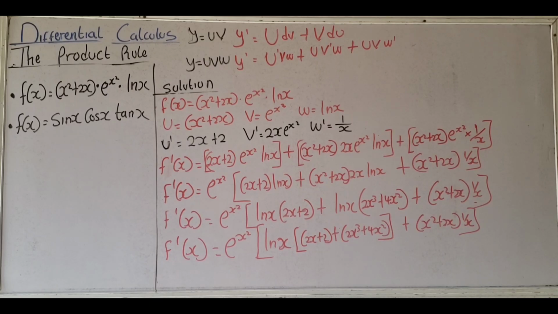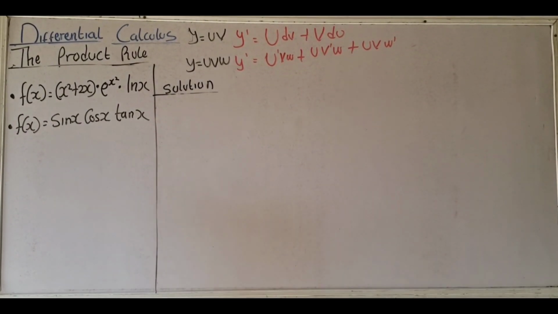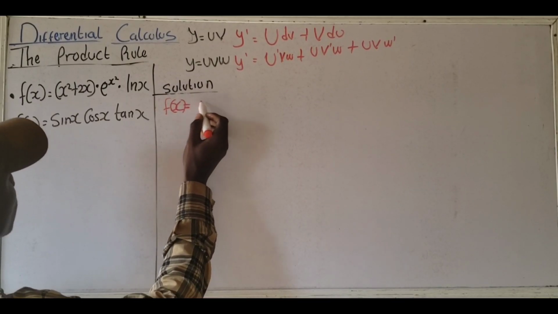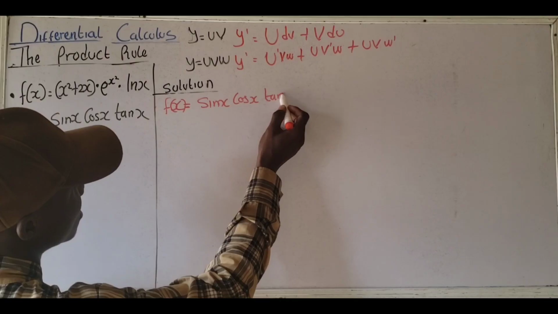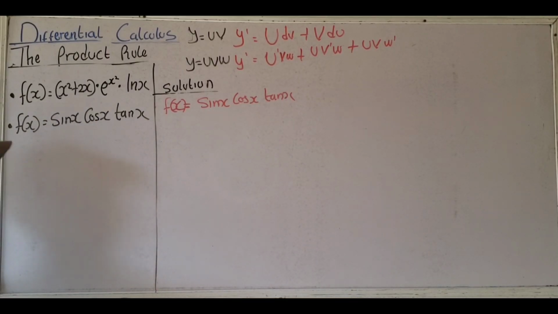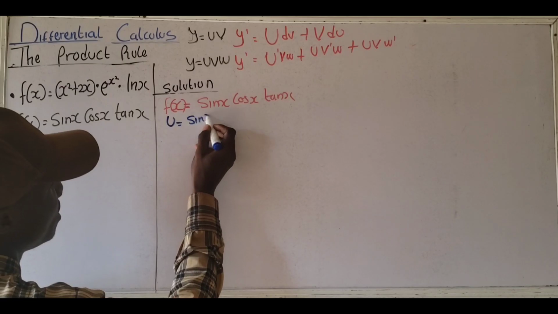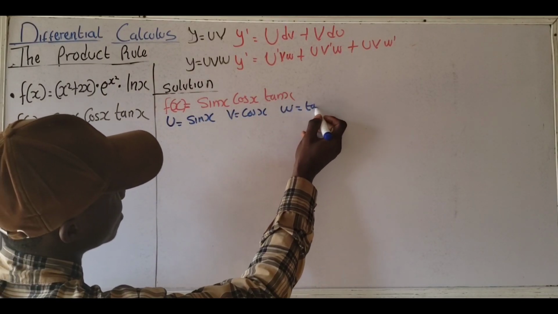We are asked to differentiate sine x cos x tan x. Okay, f of x is equals to sine x cos x tan x. Okay, identify your u, v, and w. U is the first part, v is the second part, and w is the third part.